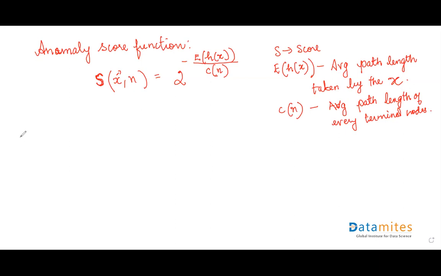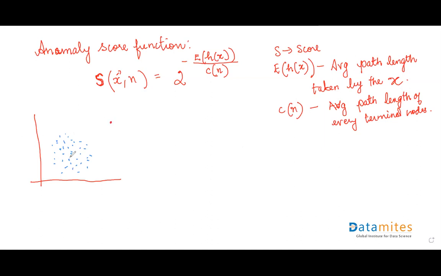So first let me explain how an outlier will be isolated. Let's say we have a data set like this, and there is one particular outlier here.